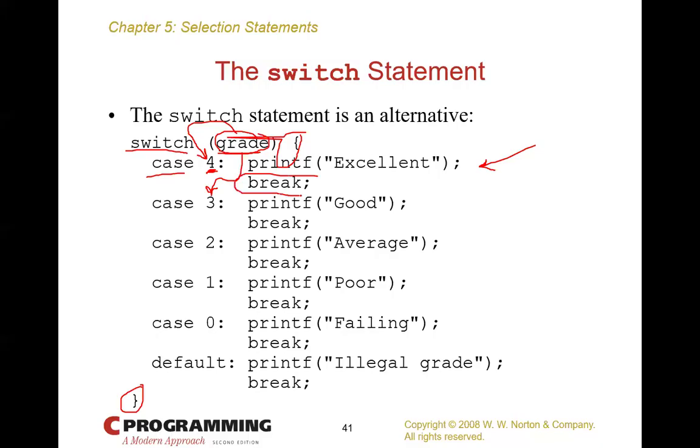Now, this break means that whenever you come to this break, jump out of these curly braces. That is the meaning of break. If it gets to this break statement, execution leaves the body of this switch and comes outside of the switch.